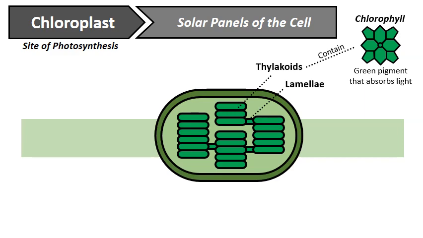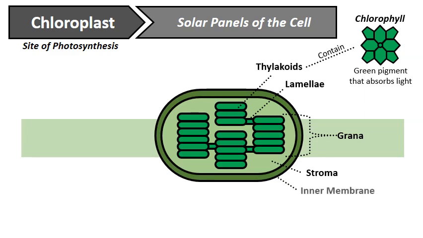Connecting one thylakoid to another thylakoid are these little tubes called lamella, and multiple thylakoids stacked together create what's called grana, or a singular stack is called a granum. Now, all of these things are bound and floating around in a fluid called the stroma, and the stroma is also very important for photosynthesis because one of the main stages of photosynthesis occurs there.